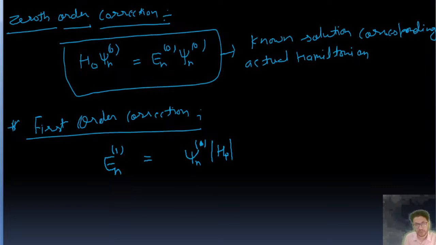We have compared from here. So this is the first order correction in energy. This is a very important formula you need to note down. Hp is the perturbed part of the Hamiltonian.